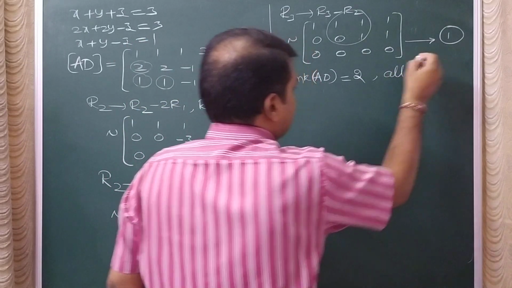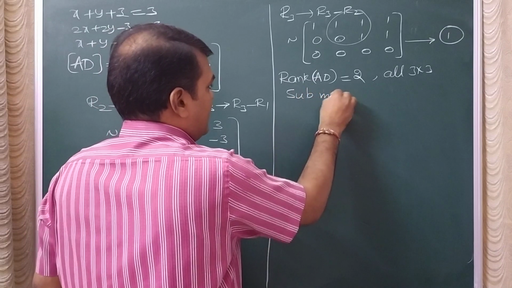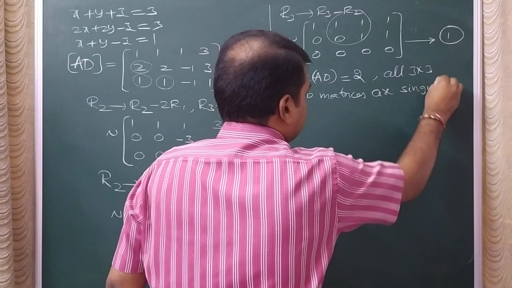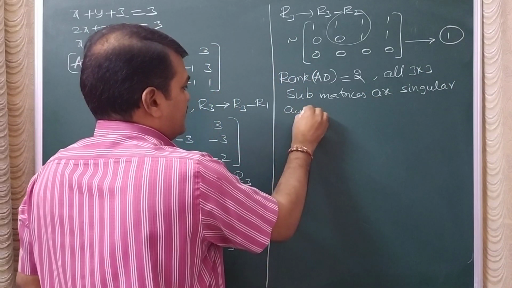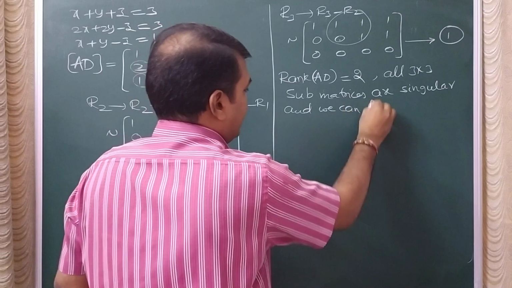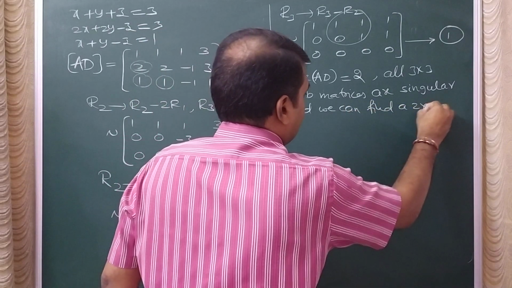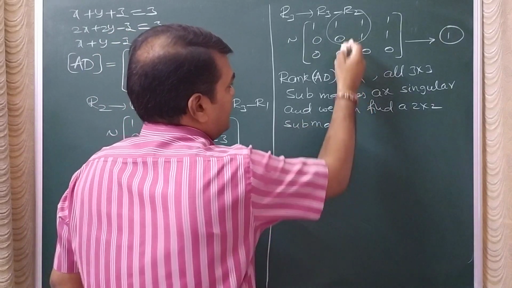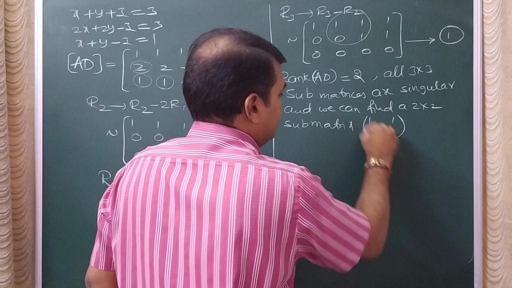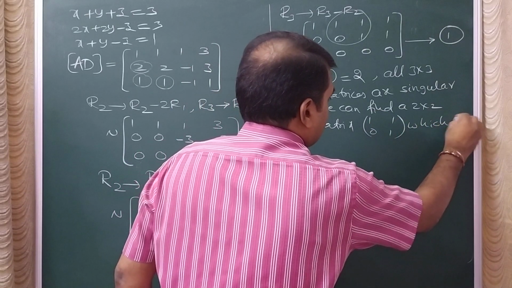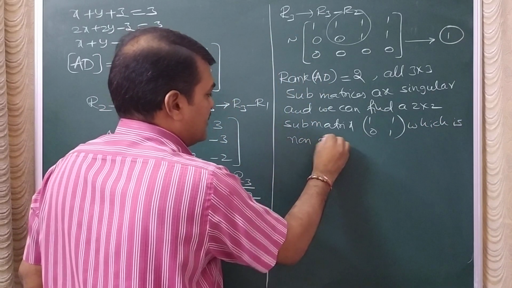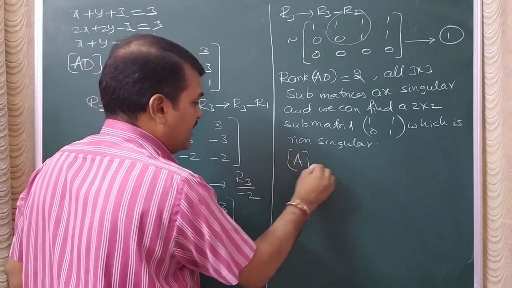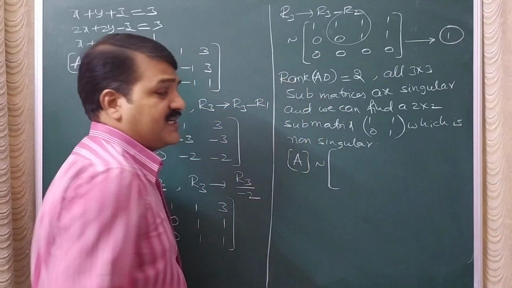All 3 by 3 submatrices are singular, and we can find a 2 by 2 submatrix, 1 1 0 1, which is non-singular.